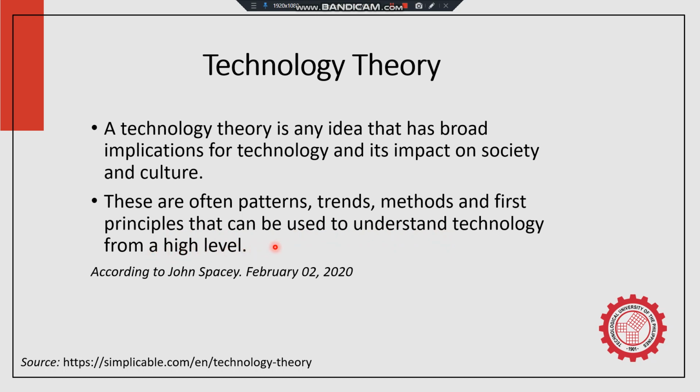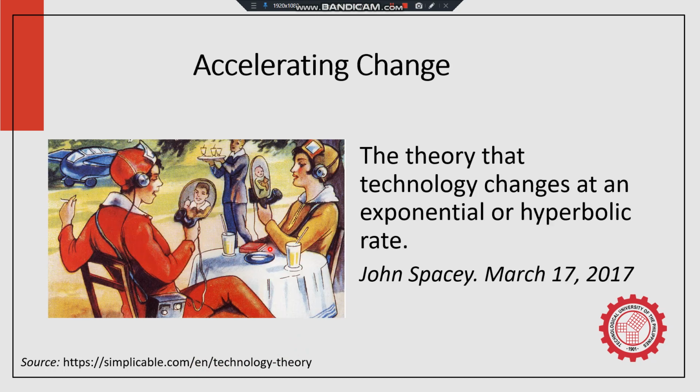In the succeeding slides, I'm going to present some select patterns, trends, methods, or principles. There are actually 28 of these from the source simplicable.com, but I have only chosen a few. And the first one is accelerating change.